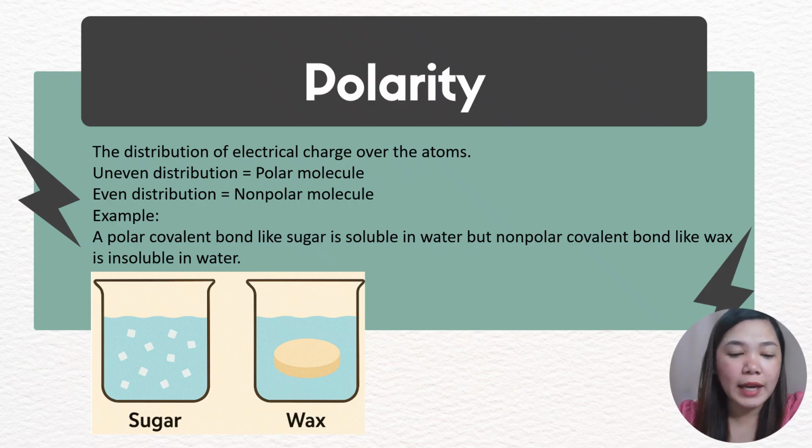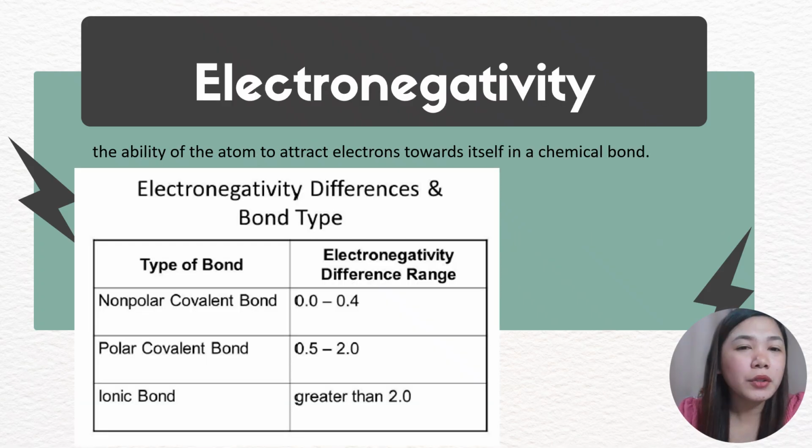So in connection to that, we're going to talk also about the electronegativity of these ionic and covalent bonds. So what makes them also different? Electronegativity is the ability of an atom to attract the electrons towards itself in a chemical bond. So these are the electronegativity differences in the bond type.